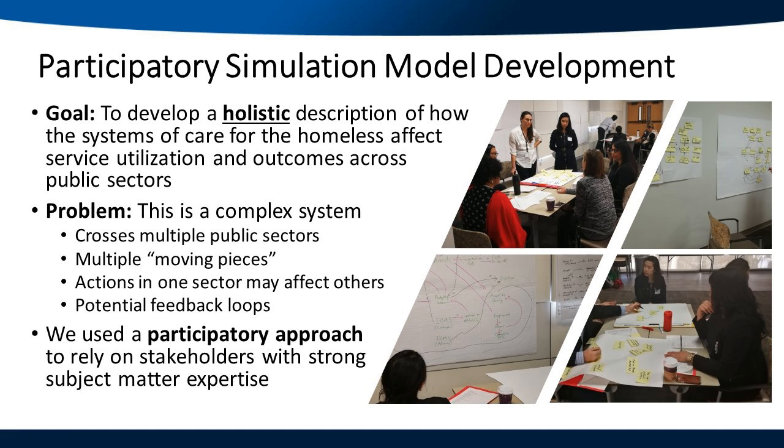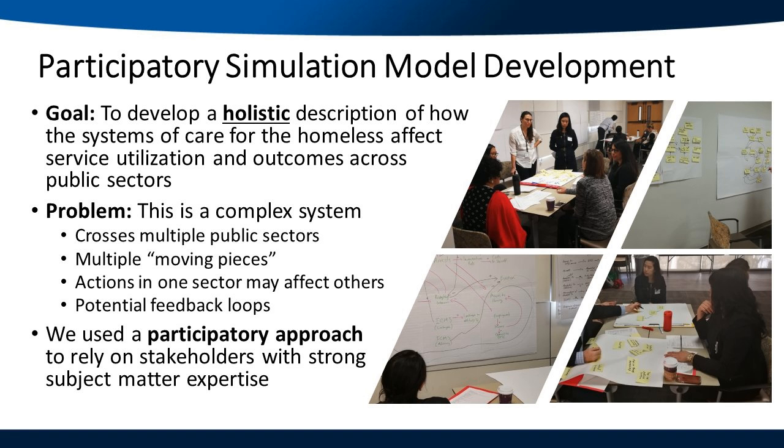Finally, as I mentioned before, part of our study was developing a simulation model to develop a more comprehensive understanding of how Housing for Health, or in general the systems of care for homeless, affect service utilization and outcomes across public sectors. The reason we did this is because rather than bringing, like I showed you in previous slides, separate estimates of how the program affects services in different sectors, we want to understand also the synergies that this can have.